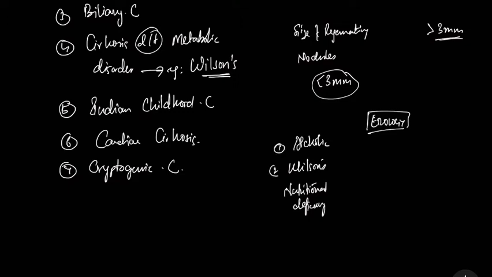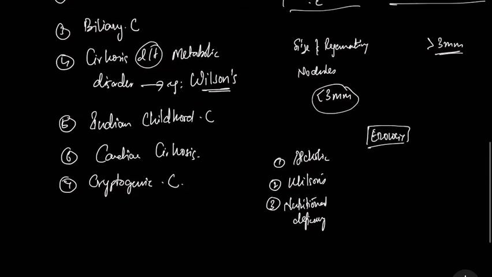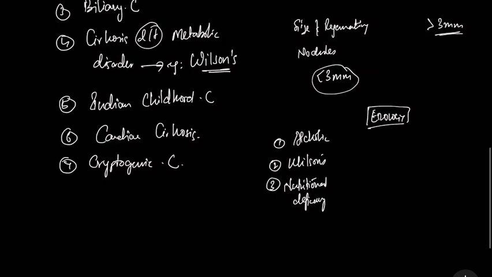So these are the three etiologies for your micronodular cirrhosis. Coming to your macronodular cirrhosis, we see them in conditions which are secondary to necrosis of the hepatocytes. Now, so we're done with the definition. We are done with the two classifications, etiological and morphological.